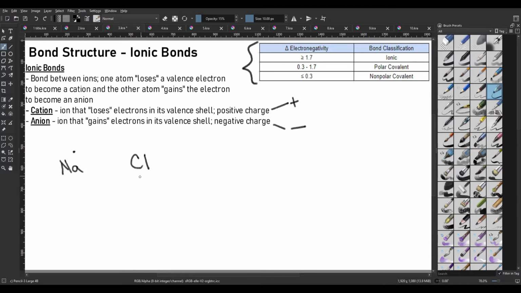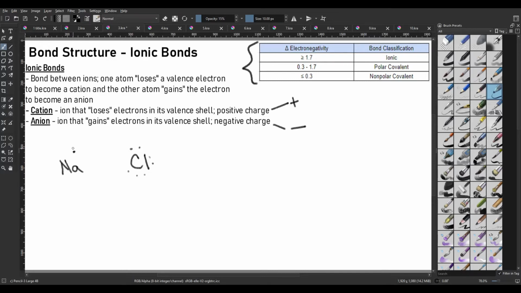The chlorine atom has 7: 1, 2, 3, 4, 5, 6, 7. This sodium atom really wants to get rid of this electron here. This chlorine atom really wants to gain this electron here. So this atom, right now, the sodium has a positive charge. The chlorine atom has a negative charge.